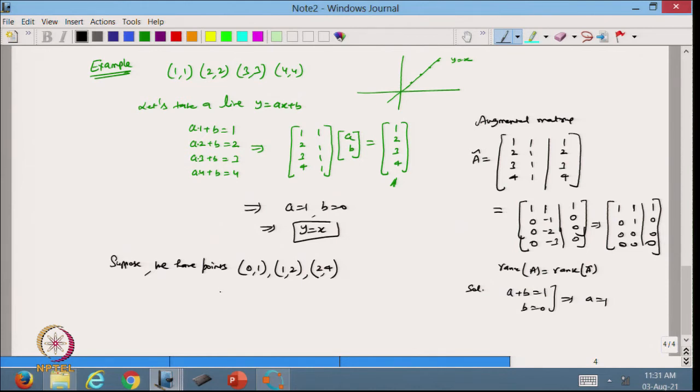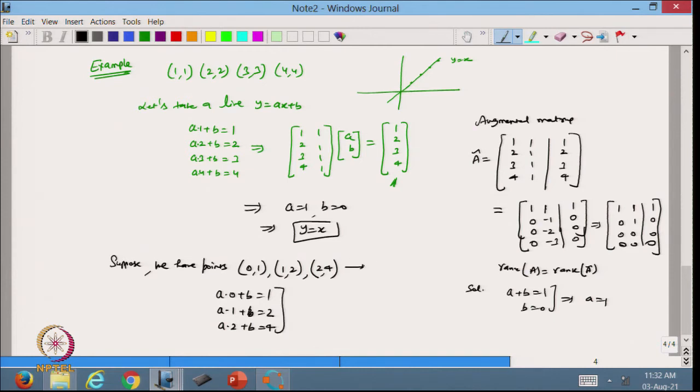So, now I get A into 0 plus B is 1, A into 1 plus B is equal to 2 and A into 2 plus B is equal to 4.